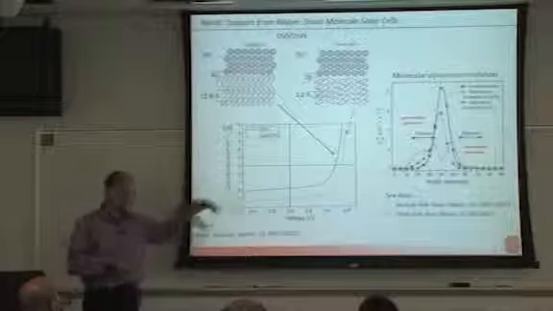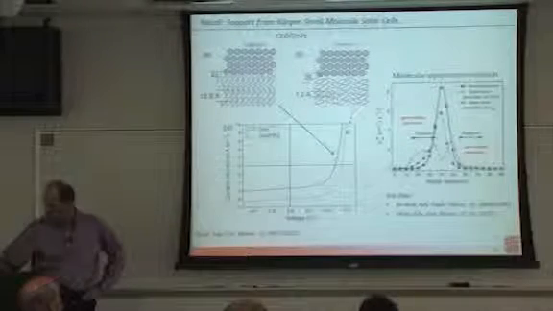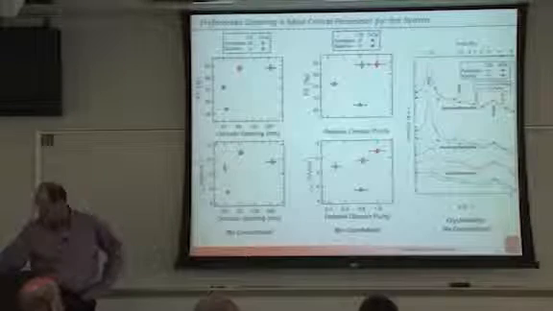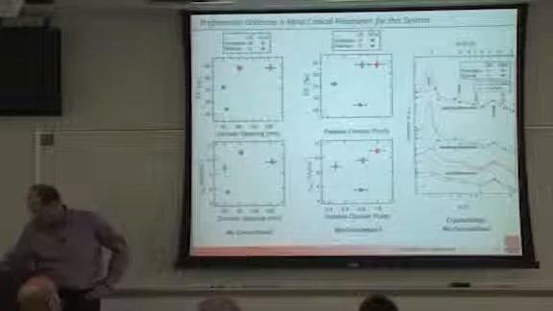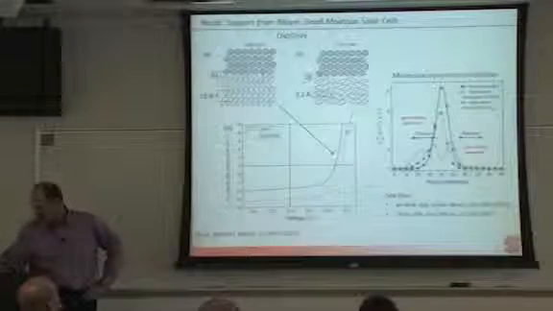And so just going back to that, there's indeed support that this is important from model bilayer systems. And I would love, of course, to calculate for this particular material what the edge versus face-on situation is.